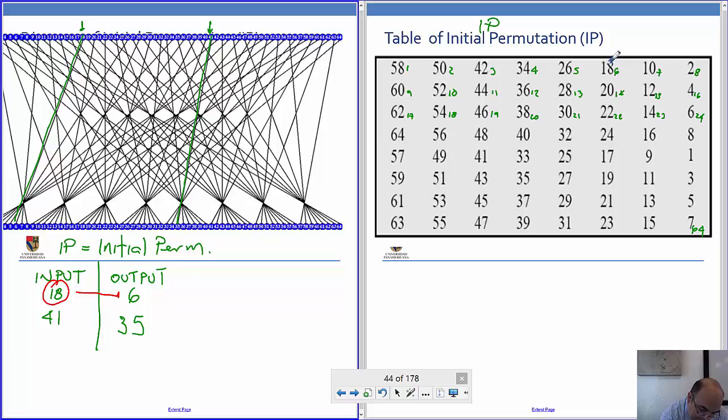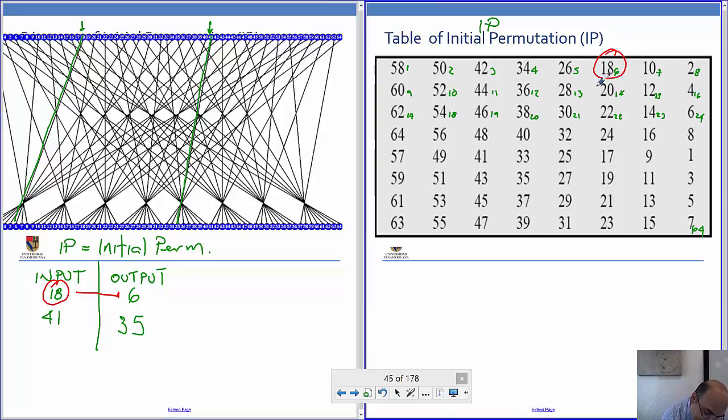So we can see bit 18, we put it in the 6th position. This is the 6th position, right? Now bit 41, we put it in the 35th position. That will be here. Believe me, this is the 35th position, and so on.